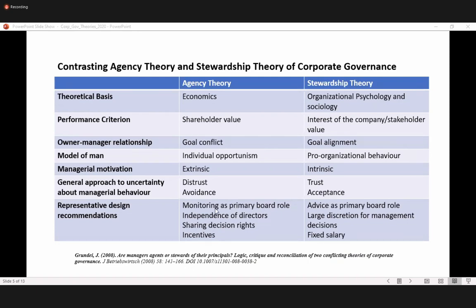And then when it comes to representative design and recommendations, while the governance structure as such, no? Here monitoring is the primary role of the board, and there is presence of independence of directors.